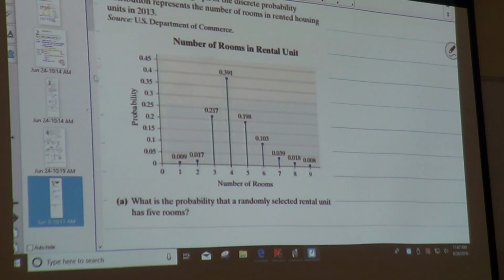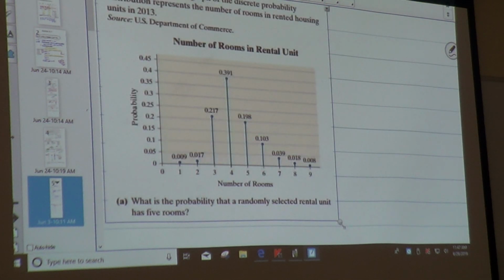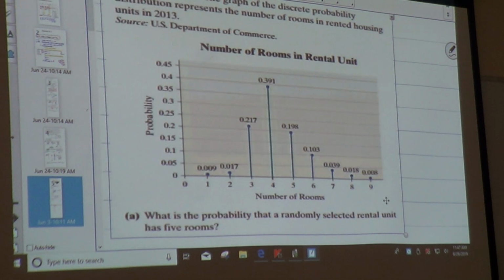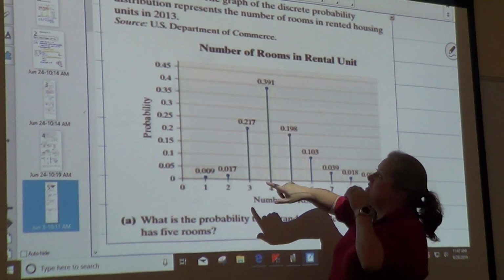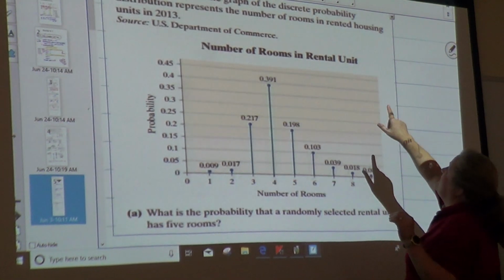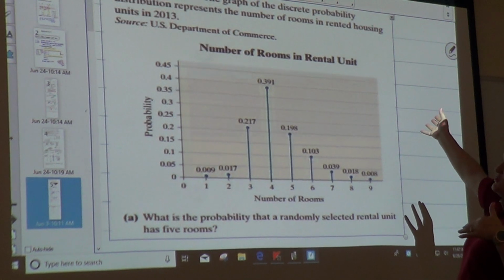All right, last page of 6.1. Here is, it's kind of like a histogram. It just doesn't have the bars. It has lines instead of the bars. This says it is a discrete probability distribution.